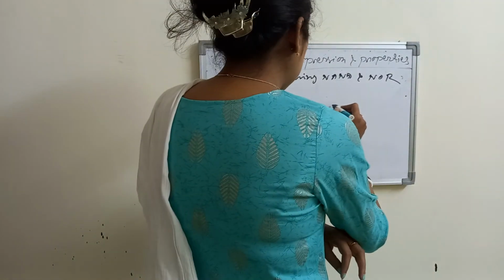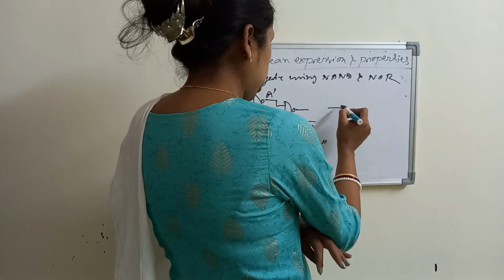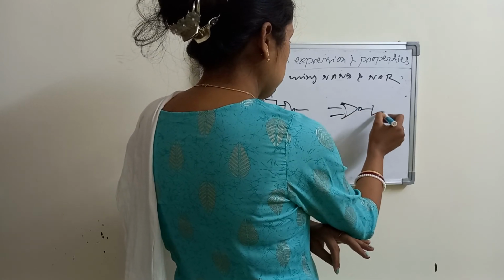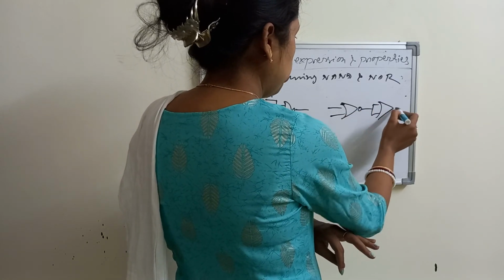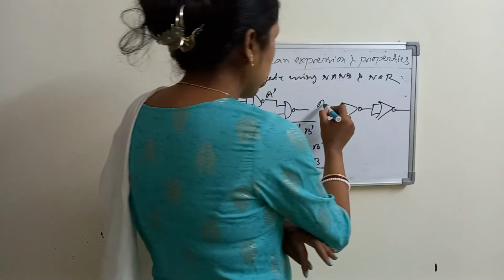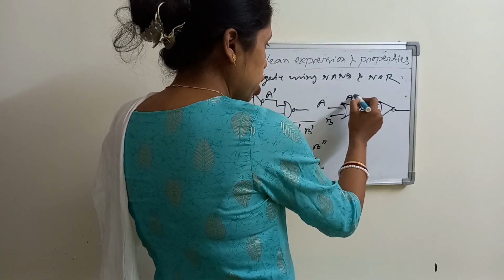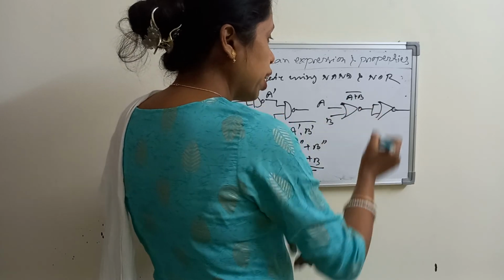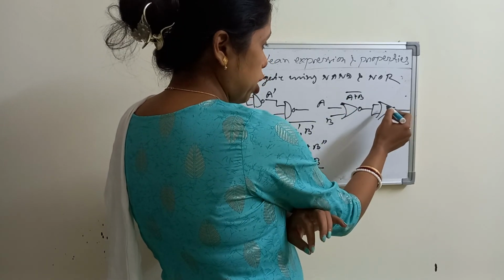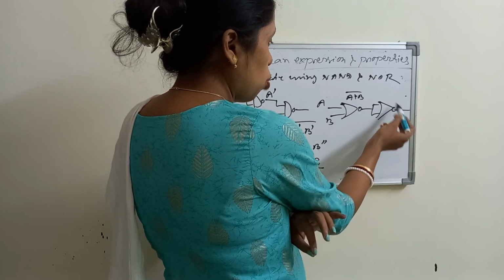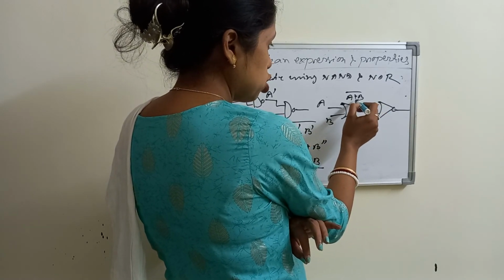Now if you want to use the NOR gate, it will be like this. A and B you are giving here, so the output of the NOR gate will be (A plus B) complement, right? So this is again a NOT gate, that means you have to complement this input, this should be the input.